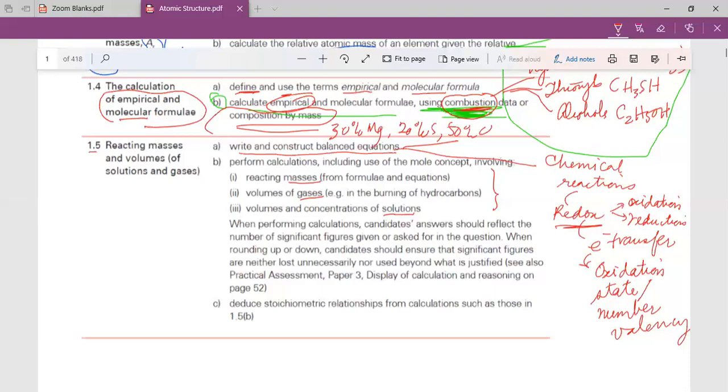So carbon will be the remainder. Let's say carbon is X. Here is plus 1, plus X equals 0. So X equals minus 1.